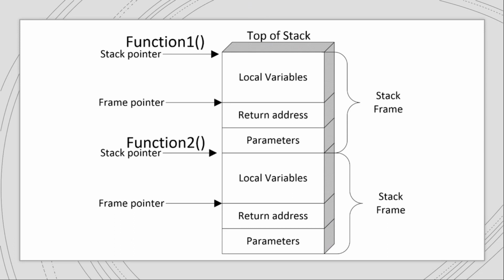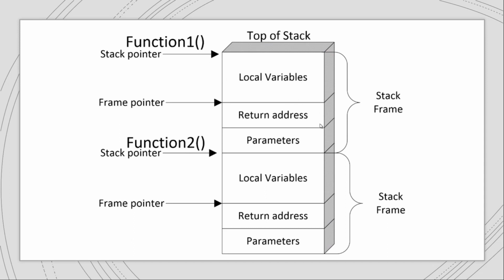Just note that a function uses the stack to save local variables and for preserving register state. To keep everything organized, a function uses a stack frame, which you can see here. A stack frame is a localized memory portion within the stack dedicated to a specific function. Here, this particular stack frame is specific to function 1.